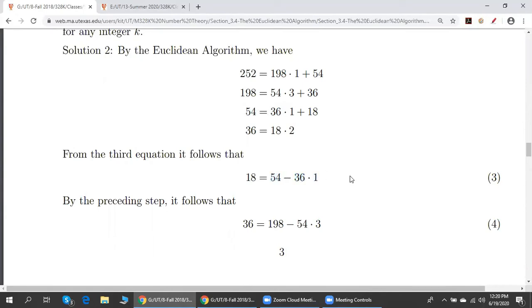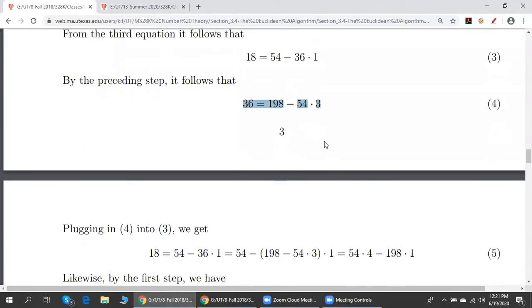Next step. According to row number 2, 36 is 198 minus 54 times 3. It's exactly what we have here. Here's what we do next.